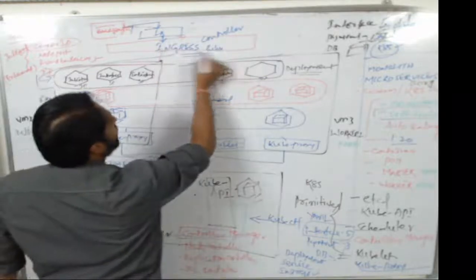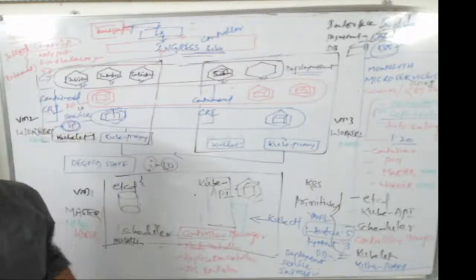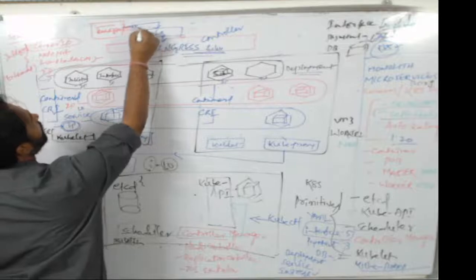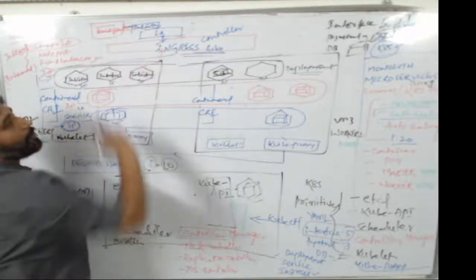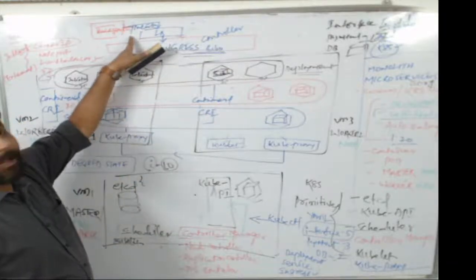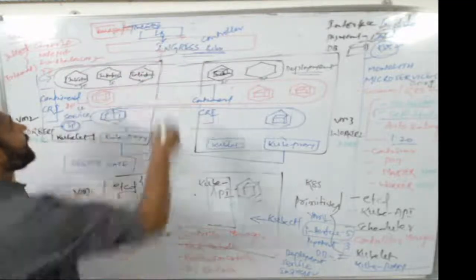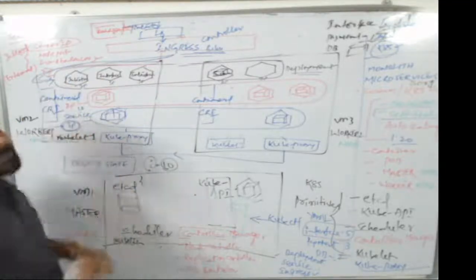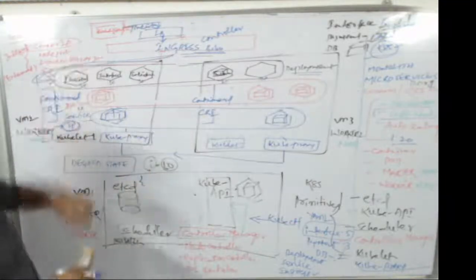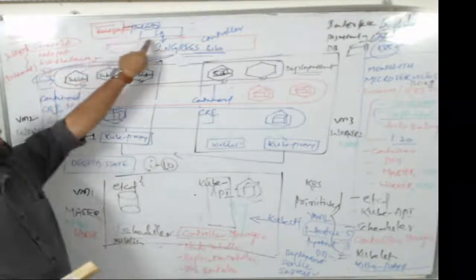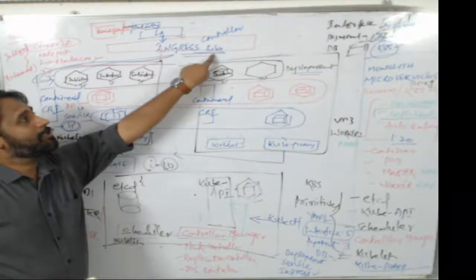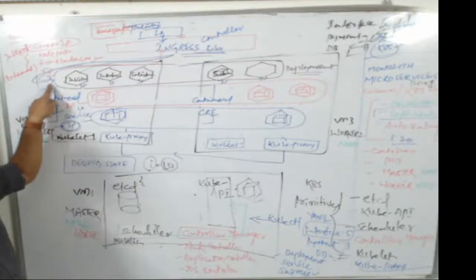The ingress controller looks at the ingress rule, and if the ingress rule says, depending on URL, let's say the URL is amazon.in/interface, and the ingress rule says, if the URL is /interface, send it to the service IP of this department. So what is happening?